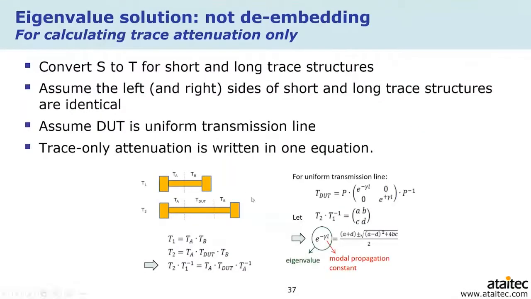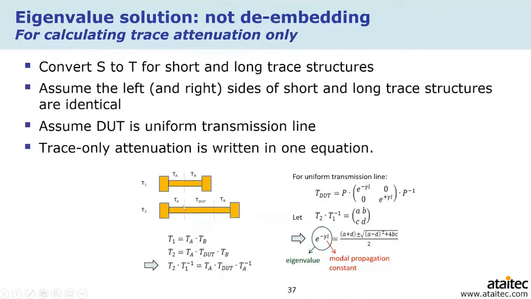The eigenvalue solution, or delta L, is really not the embedding. It's just a formula to compute trace attenuation. And the process is quite simple. You convert S parameter into T parameter, and you assume the left sides between the short and long traces are identical, and the right sides are identical.